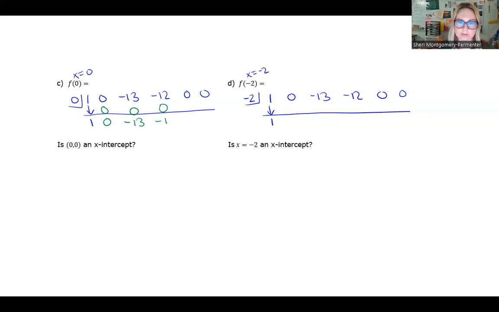So then you get -12. -12 times 0 is 0. And then you end up with zeros. So is 0 an x-intercept? Yes. And it's because the remainder is 0.